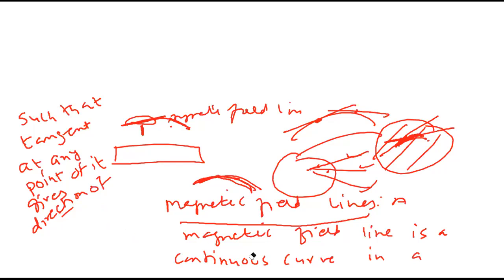A magnetic field line is a continuous curve in the magnetic field such that the tangent at any point of it gives the direction of the magnetic field at that point.